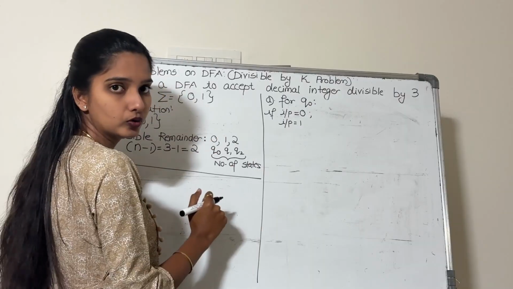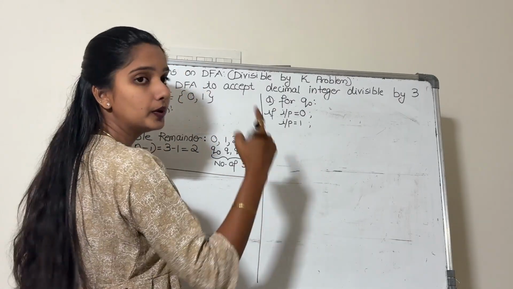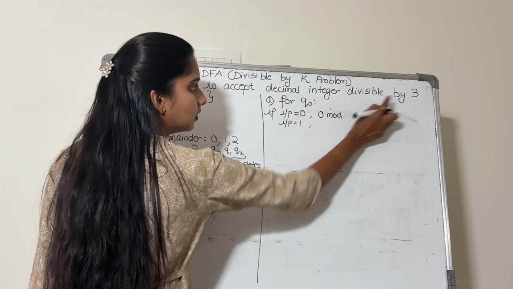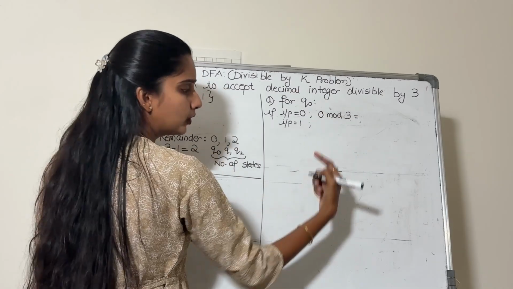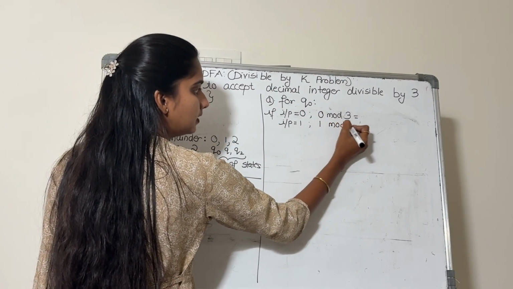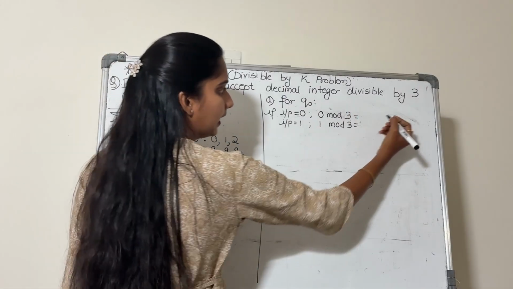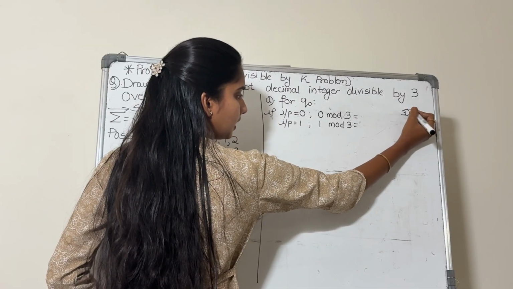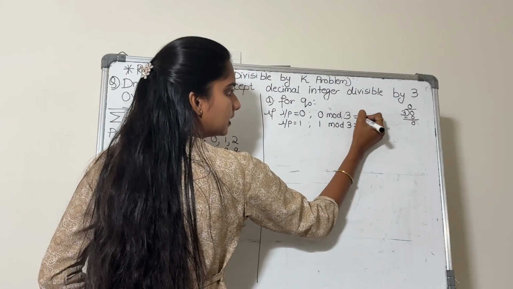In that case, you're going to take some integers. Let's start with 0. I'm going to take 0 mod whatever number is given to you, so 0 mod 3. Similarly, after 0, we're going to take a new number which is 1, so 1 mod 3. What is going to be my remainder? If I divide 0 by 3, my remainder is 0.